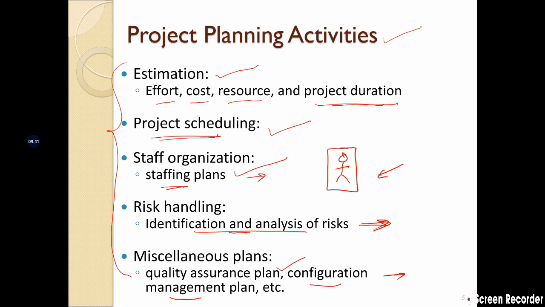So they come with some set of guidelines and they will audit what you are doing. So the project manager also has to make quality assurance plans so that all the processes that he is following are as per the rules and regulations which the company has set.